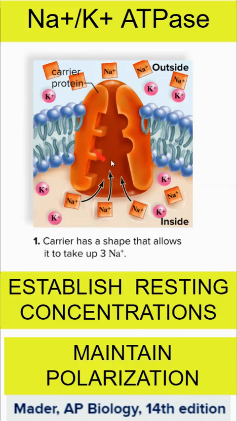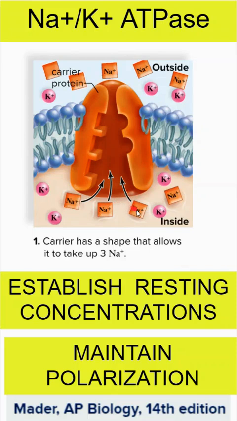Initially, this is our carrier protein, the sodium-potassium pump. It is not a voltage-gated sodium ion channel because it's going to hold these ions and change in conformation, change in shape, in order to get them to the other side. What's unique about the sodium-potassium pump is it's going to move both sodium and potassium ions across the membrane. In this shape right here, it's open to the sodium ions.